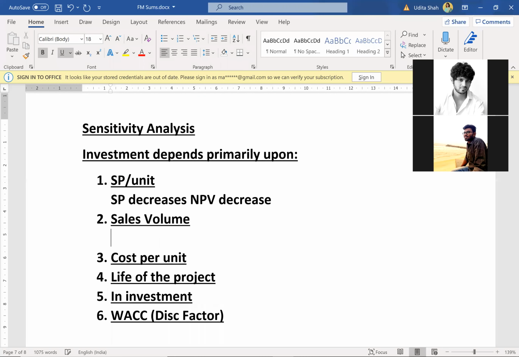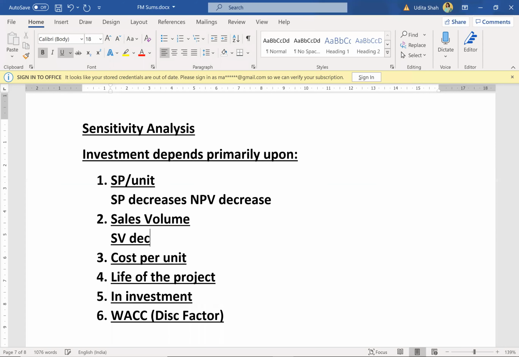Similarly, sales volume, if sales volume decreases, what will happen? Will my NPV increase or my NPV decrease? If sales volume decreases, what happens to the NPV? NPV again decreases, correct?